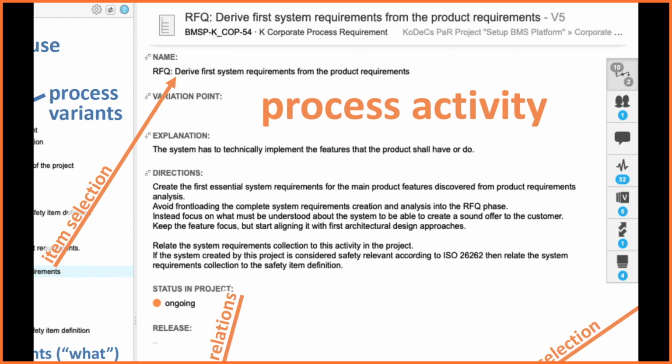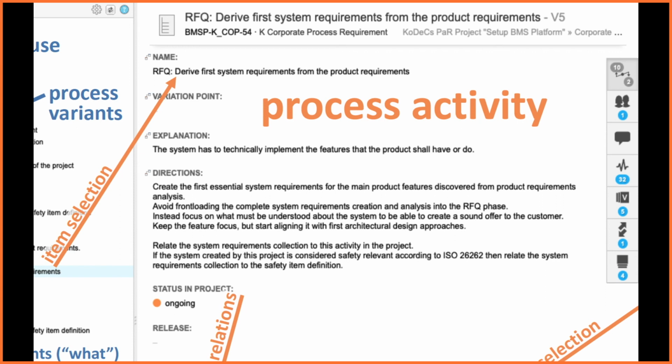We now selected one item from the reused corporate process. And this one item is the process activity that we see in the top middle of the screenshot. In this case, it's for a first project phase, for requirements, for request for quotation. And it says to derive first system requirements from the product requirements. We thought in our corporate process that doing this might be a good idea. So we should do it systematically also.